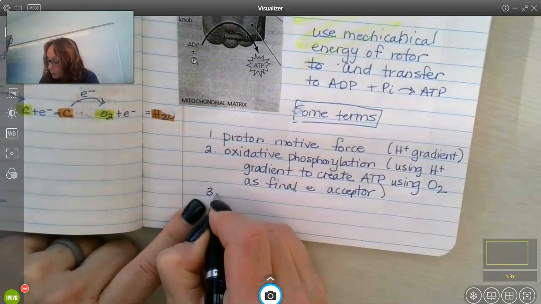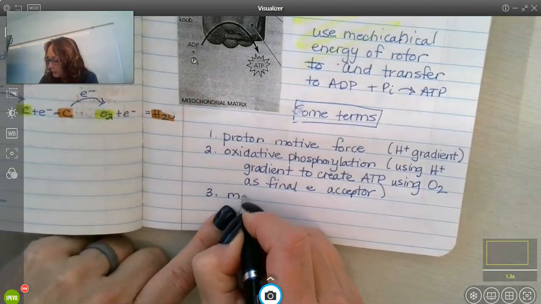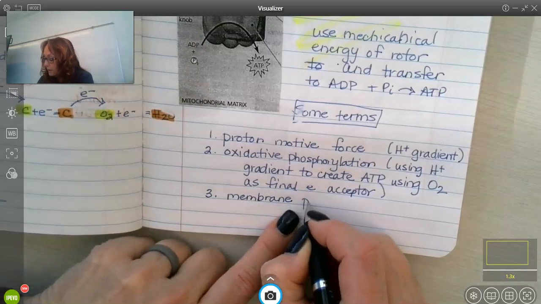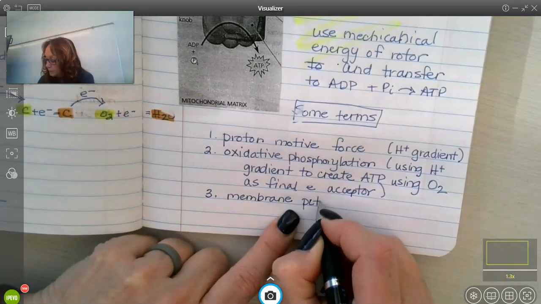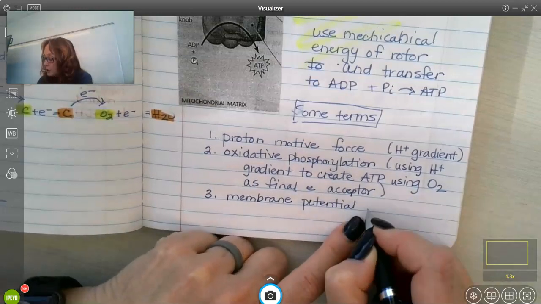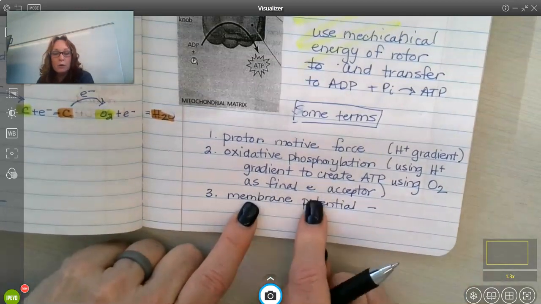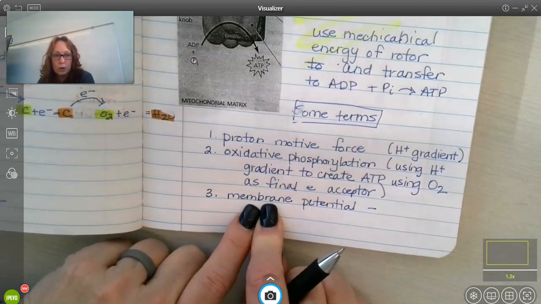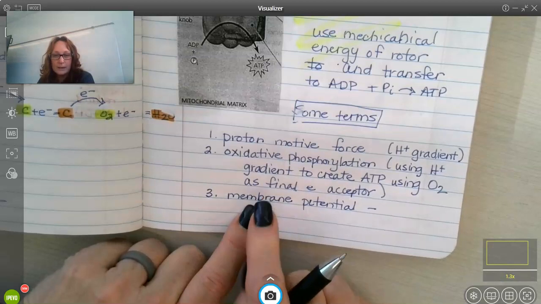They also can talk about, we haven't talked about this, but we talk about this a lot when we do the nervous system, membrane potential. That just means that you have potential energy because you have different charges across a membrane.